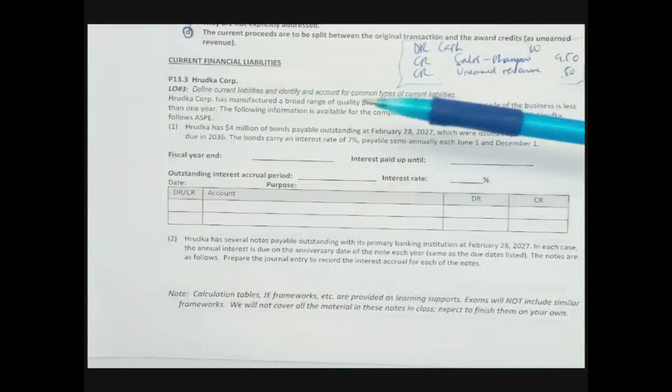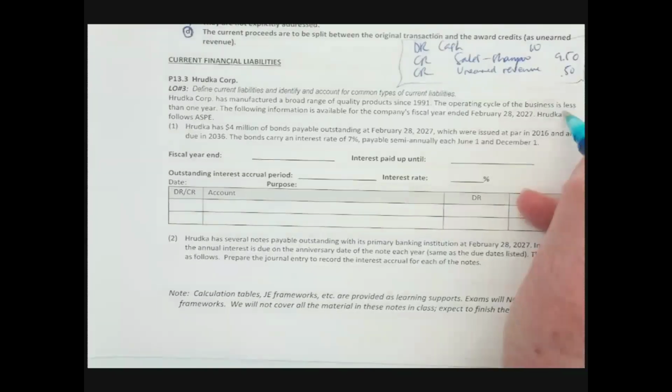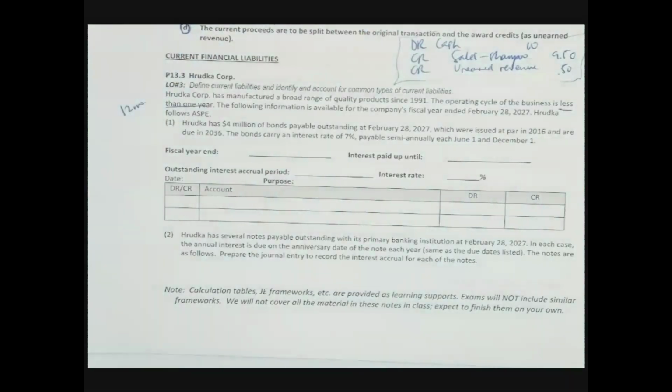So Harudka has manufactured a broad range of quality products. The operating cycle of the business is less than 1 year, which means that current assets are anything 12 months or less. If the operating cycle is less than 1 year, then we assume 12 months is the definition of current. The following information is available and they follow ASPE.